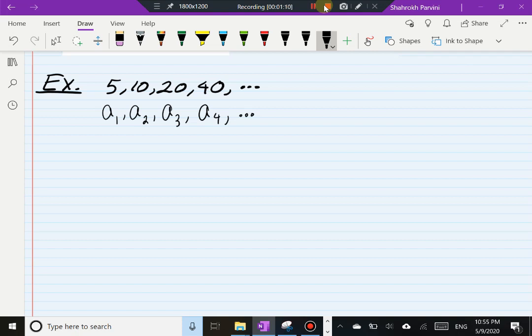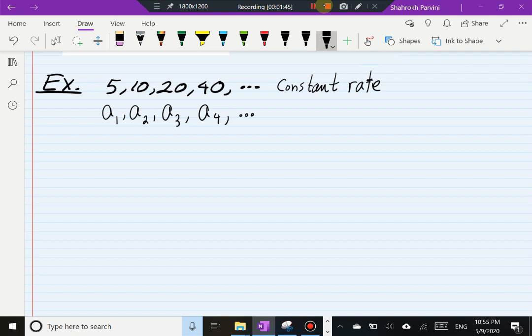Now, something special about this particular sequence I made up is that if you take a look at how we go from, let's say, 5 to 10, from 10 to 20, 20 to 40, each time we multiply the previous number by 2 to get to the next number. So there's actually a constant rate in here, a constant rate of increase. Again, if you multiply 5 times 2, you get 10, 10 times 2, you get 20, and so on.